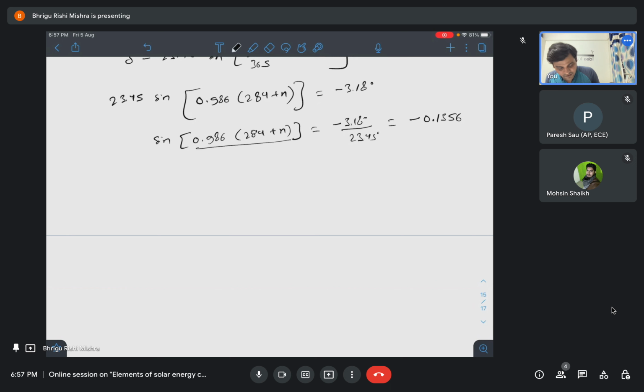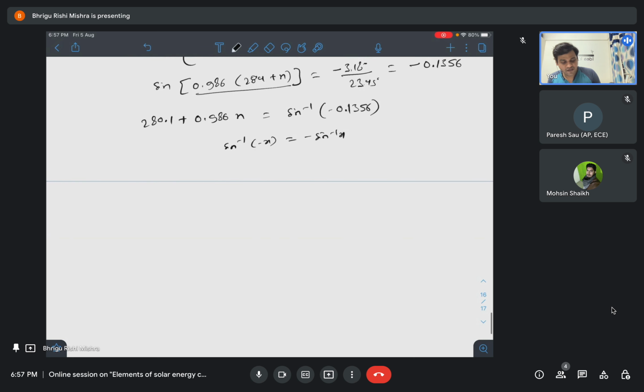Take the sine inverse, and also multiply the values inside the bracket. So it comes up around 280.1 plus 0.986 n, and the inverse is of 0.1356. Sine inverse of minus x is minus sine inverse x.